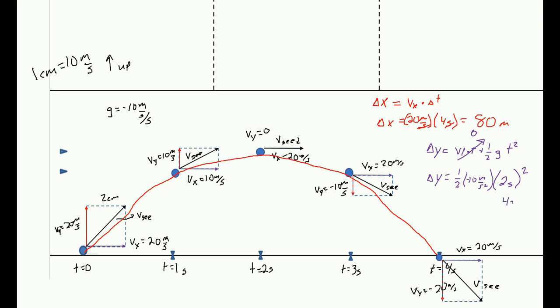So we get 4 seconds squared times negative 5 meters per second squared. So I took care of that 1/2 here. Half of 10 is just 5. And our second squared will cancel out, and negative 5 times 4 is 20 meters, negative because it went down. So our height displacement was actually 20 meters in this case.